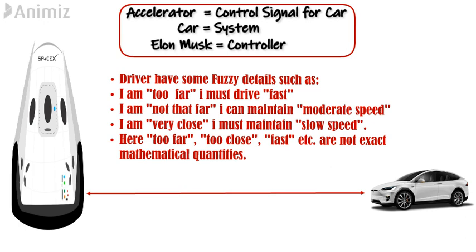His action as a controller sitting in the car is that he must reduce this error, that is, he must go to his destination, and he has one way to reduce the error, which is to provide a control signal to the system. That is, providing a control signal to the system is basically accelerating or decelerating the car.